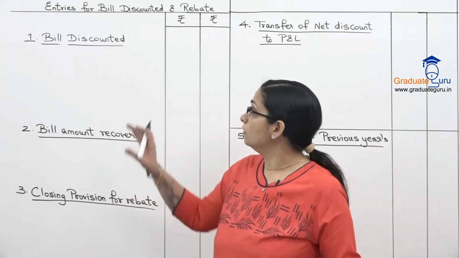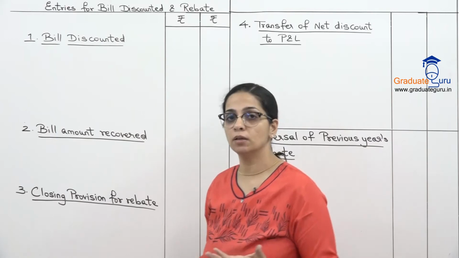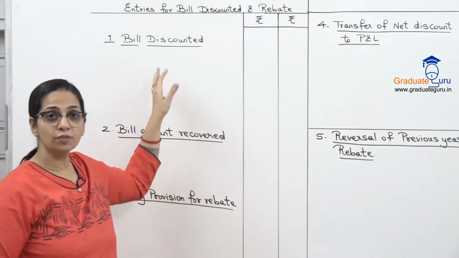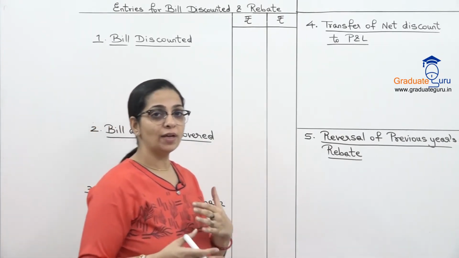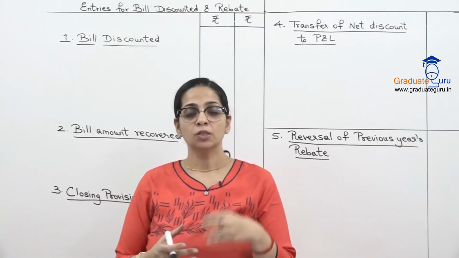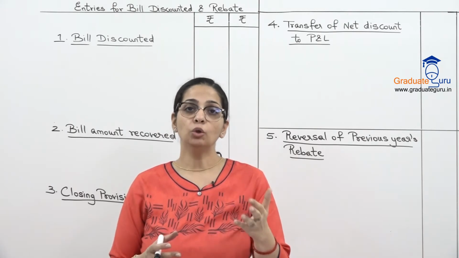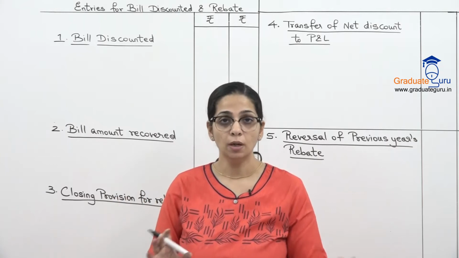So let's see the entries which are concerning bills discounting as well as the rebate as I explained. So the first entry is for actual discounting of the bill. Now generally if I see from the customer's point of view, customer को cash मिलता है. So he says cash account debit, discount account debit to bills receivable account which he gives to the bank.